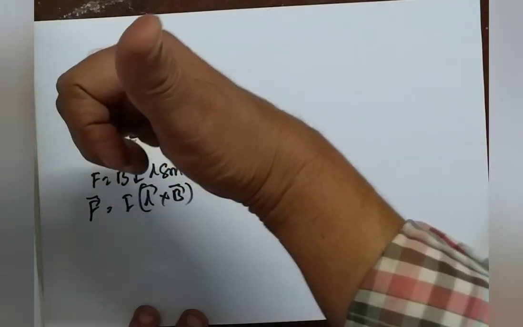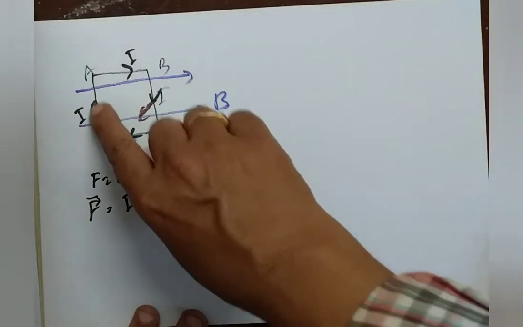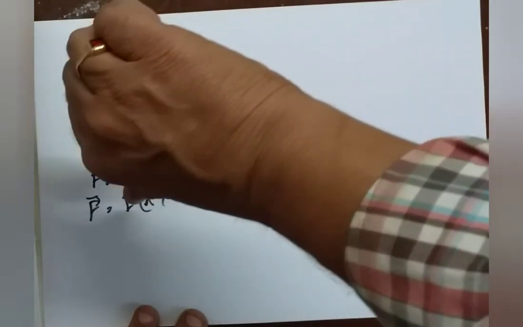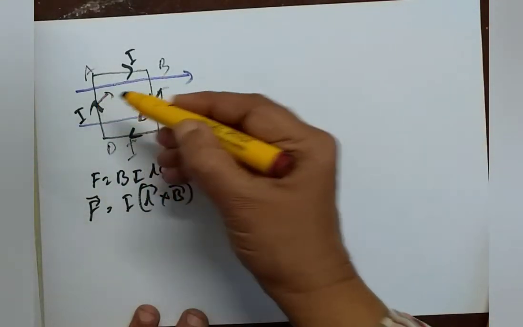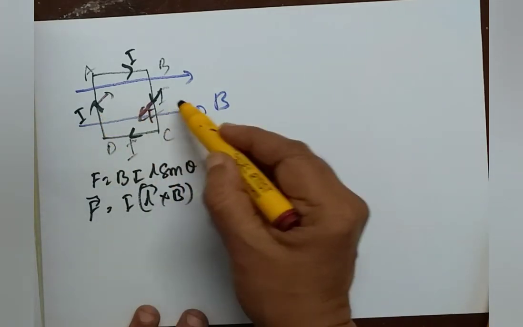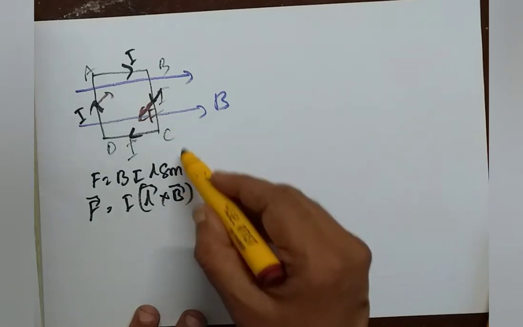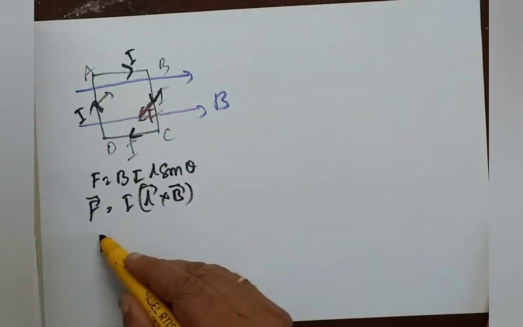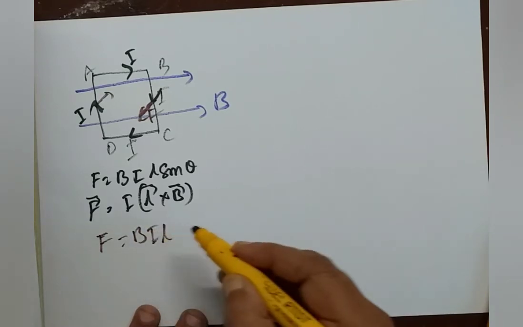So the force is into the board. Therefore, there are two forces F which are of the same value because sin theta can be taken as 1 there as theta is 90. So we can write F equals BIL.